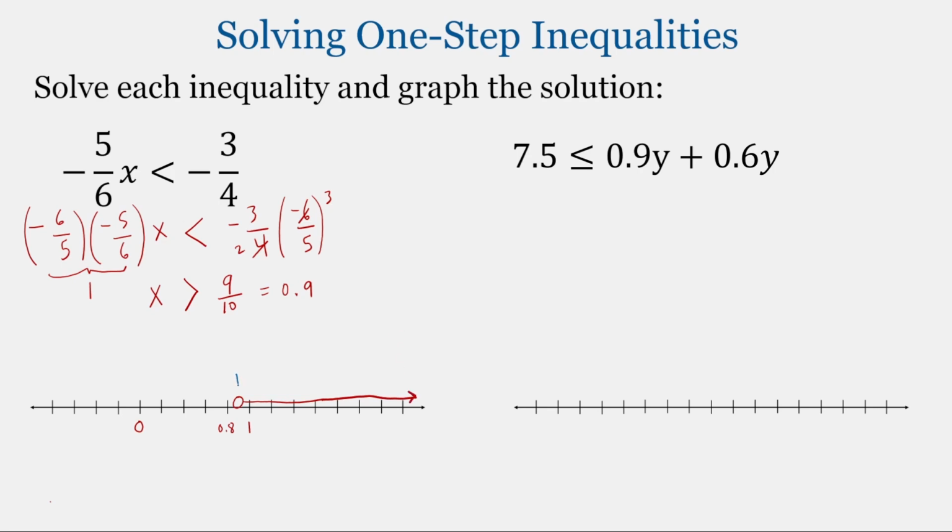Let's check a few points. Again, we will check where they are equal first. So at x equal to 9/10, we have negative 5/6 times 9/10 less than negative 3/4. So we can cancel a few things out. This 5 becomes a 1, the 10 becomes a 2.